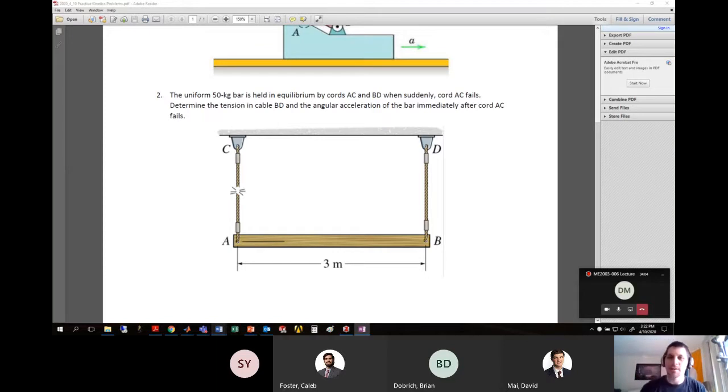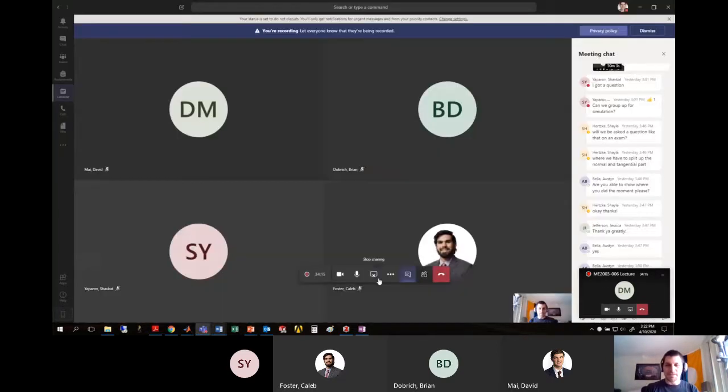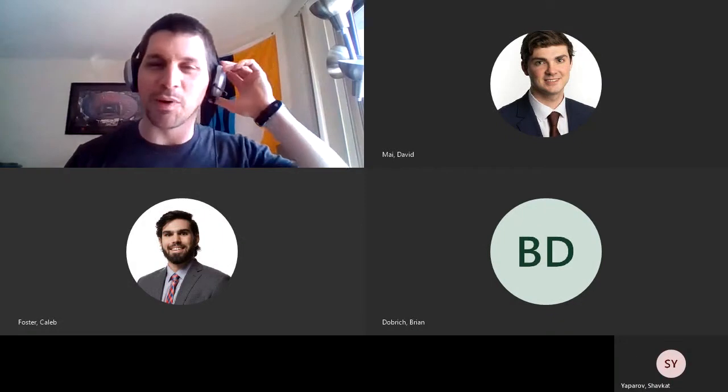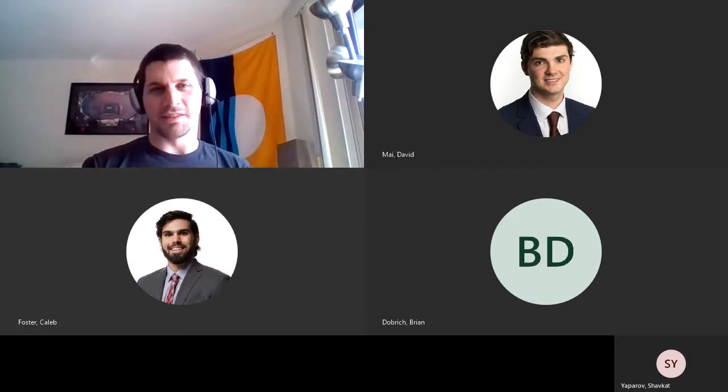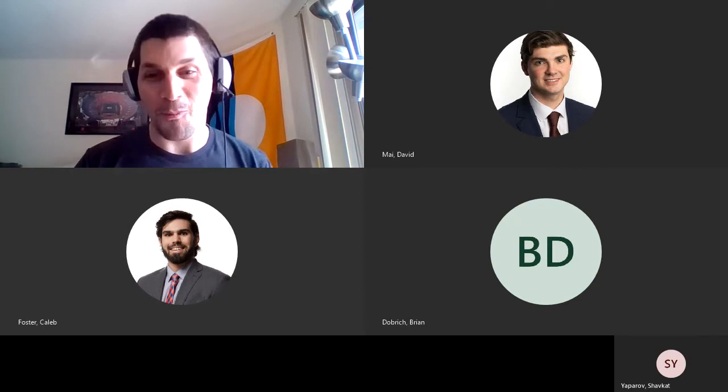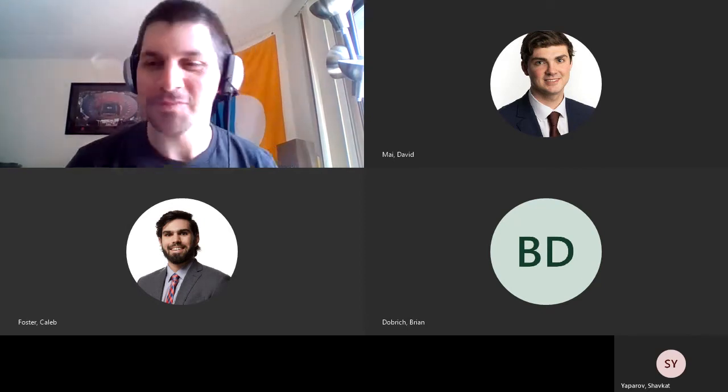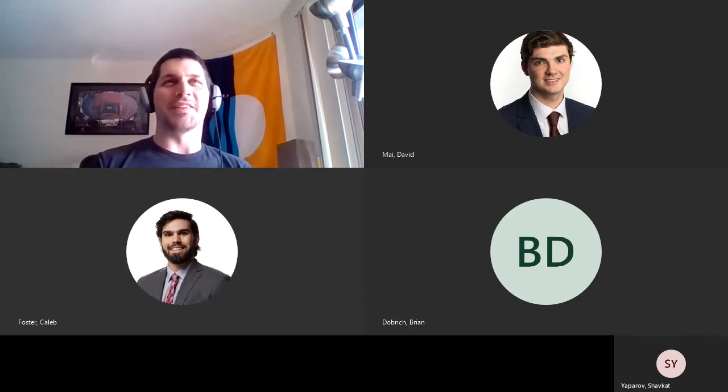Let's get to it. First thing I want to do when talking about this problem, I want to ask a general question that's tangentially related to this problem. My question is this: is it possible at any point in time for me to have zero velocity but non-zero acceleration? What do we think about that in the chat?